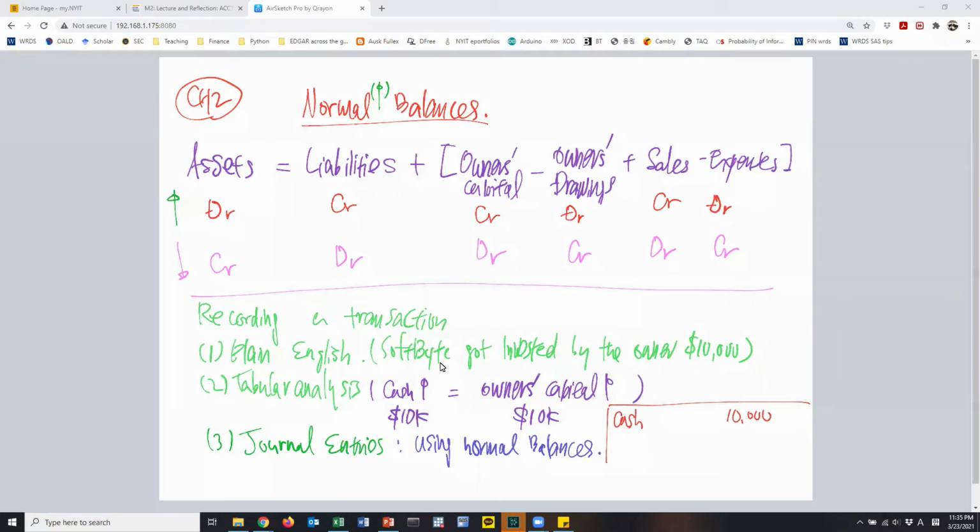So we make a small indent to distinguish it from the debit side. We make a small indent and then owner's capital 10,000.